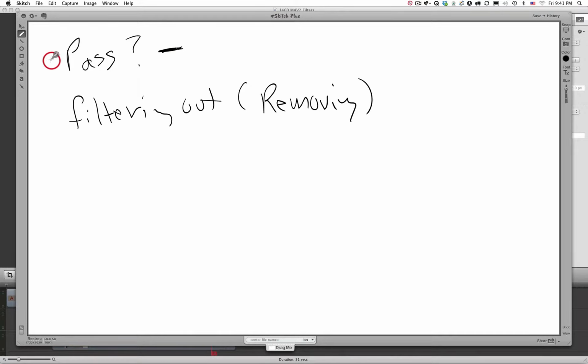So we can either look at it in terms of what it's filtering out or what's being allowed to pass through the filter. The same is true with filters that are used in synthesizers. We can look at them in terms of what they are filtering out or what is being allowed to pass through the filter. I mentioned that we're filtering out frequencies.